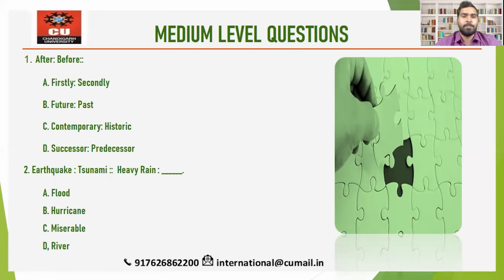So question number 1. After is to before as, and you need to figure out the right-hand side. Which among the following options do you think is correct? Firstly is to secondly, future is to past, contemporary is to historic, and successor is to predecessor.